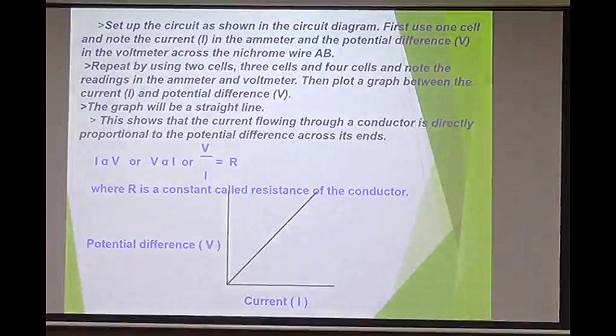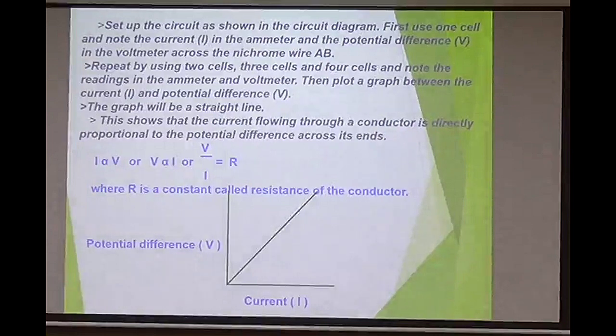And once we have noted the readings of the voltmeter and ammeter, we will plot a graph between the current and potential difference. Now this graph is found to be a straight line. Whenever we have two quantities and we plot a graph between them and find that the graph is an upward going straight line, this shows that the current through the conductor is directly proportional to the potential difference across its ends.